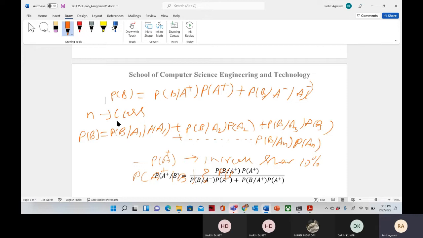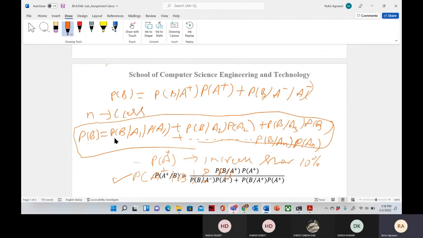So this will be your probability of B actually. Instead of discussing the formula for probability of B, I have directly written this formula. So in the question, if probability of B is not given, then just consider probability of B to be this.